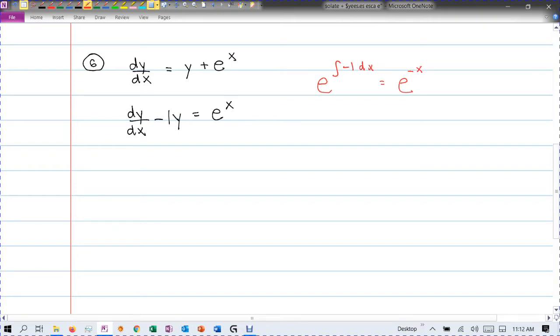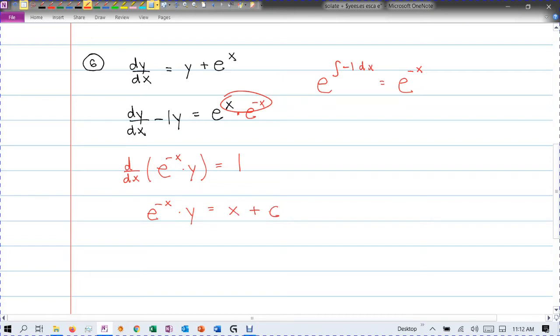And we multiply both sides by that. We know the left-hand side will be the derivative of the product of our integrating factor and y. And our right-hand side, when we put these together, look at that. You add those exponents and you get 0, so e to the 0 is 1. All right, integrate both sides with respect to x.